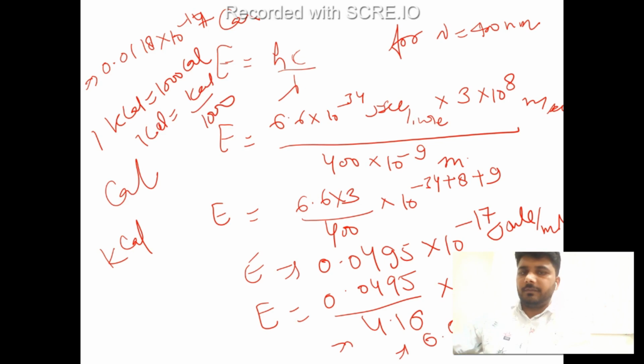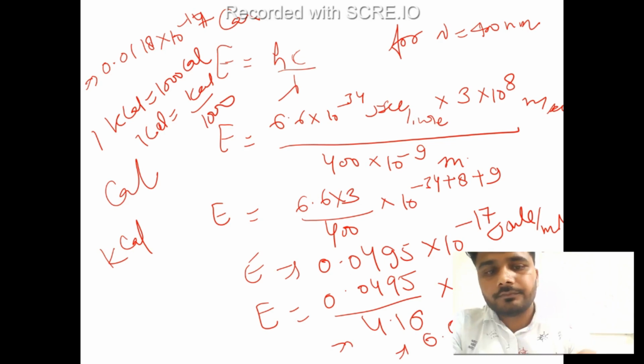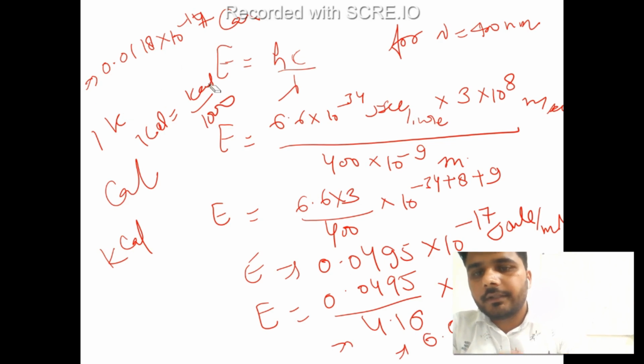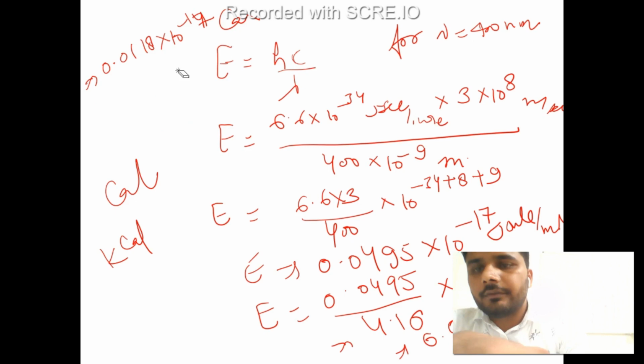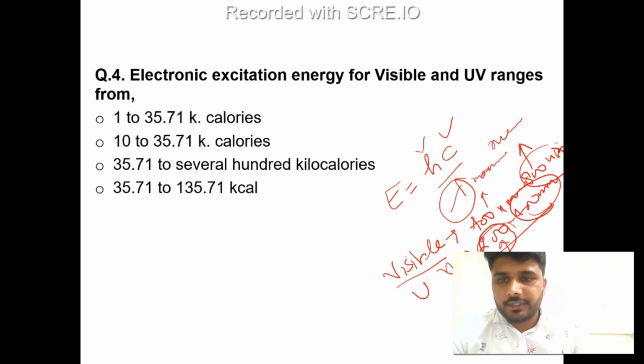You can follow the simple conversion: divide by 10 raised to 3, and you will get 0.0118 times 10 raised to minus 20 kilocalorie. But the values here are like 35.71.